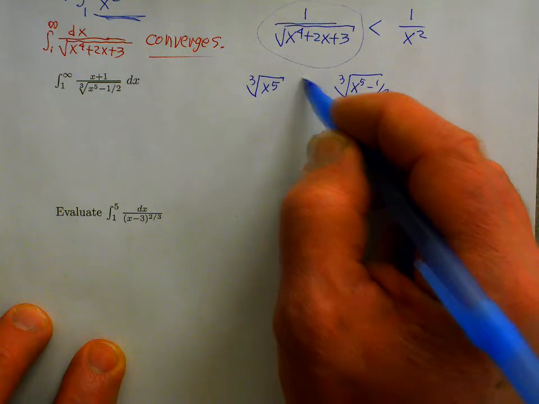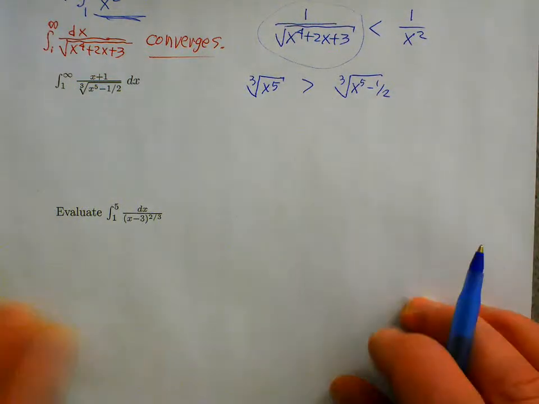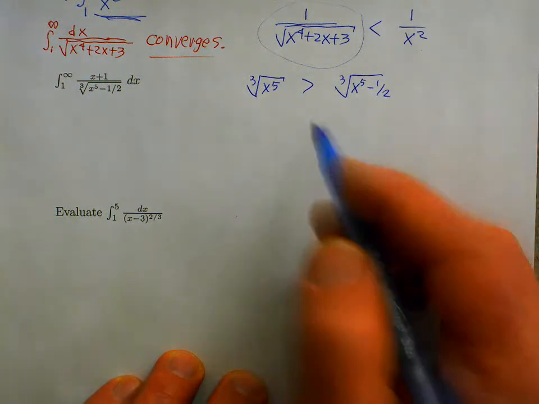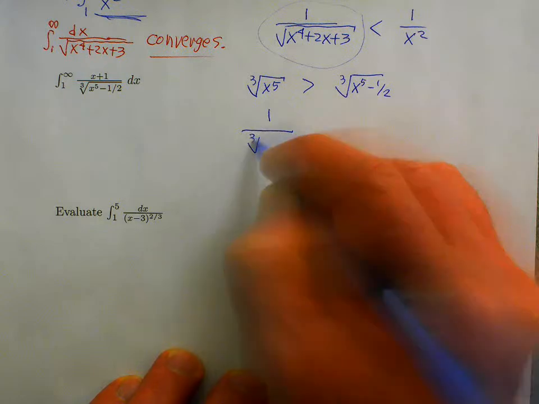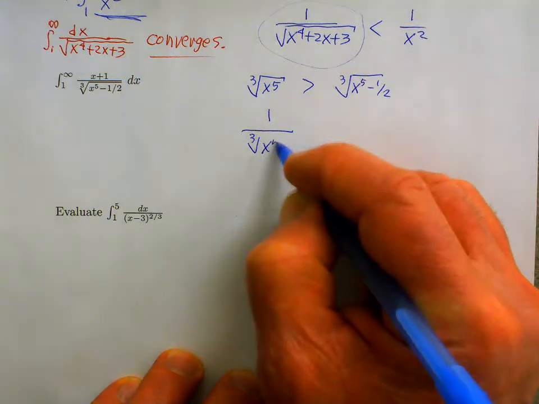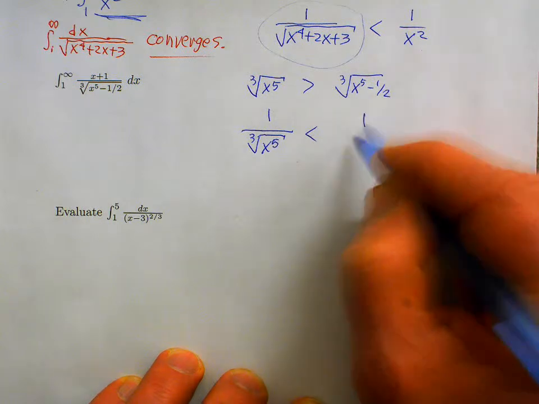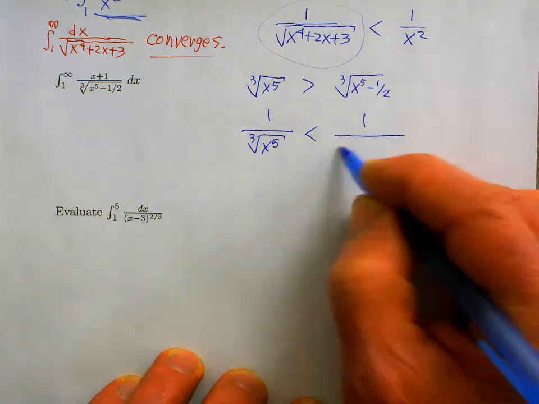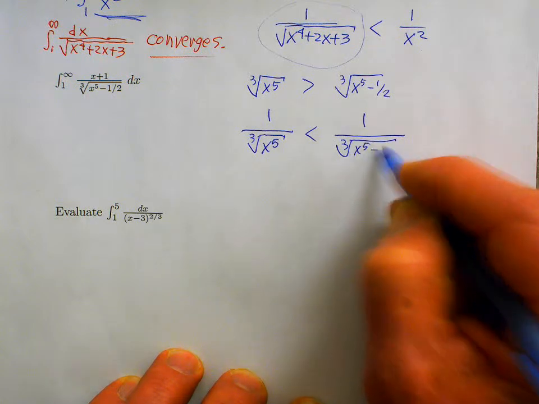The one on the left should be larger, shouldn't it? And if I reciprocate, then 1 over the cubed root of x to the fifth should be less than 1 over the cubed root of x to the fifth minus 1/2.